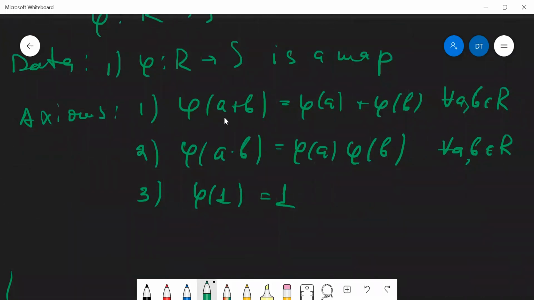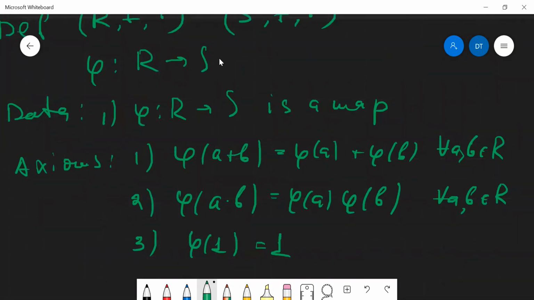Since R with addition is an abelian group and S with addition is an abelian group, property number one means that phi is a homomorphism of abelian groups. If we forget the multiplication on R and S, then the first property means that the map phi is a homomorphism of abelian groups.